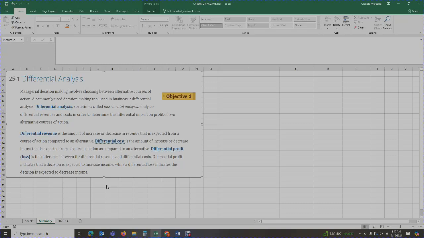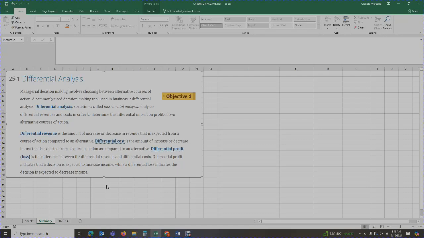Differential revenue is the amount of increase or decrease in revenue that is expected from the course of action compared to the alternative. So the differential revenue is when we compare option 1 to 2, how much additional revenue would we generate off of it. Differential cost is the amount of increase or decrease in cost that is expected from a course of action as compared to the alternative.